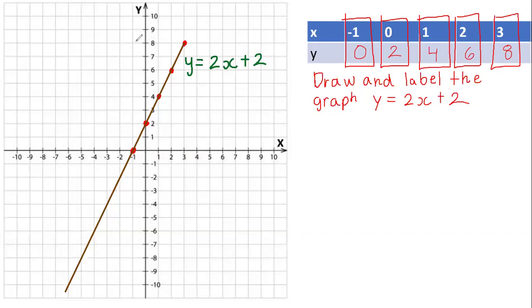The rest of us, do we understand how to do this? Let me know, please, if you understand how we got our answers. Yes, sir. Okay. Adron, do you understand how we got our answers for this? Yes.